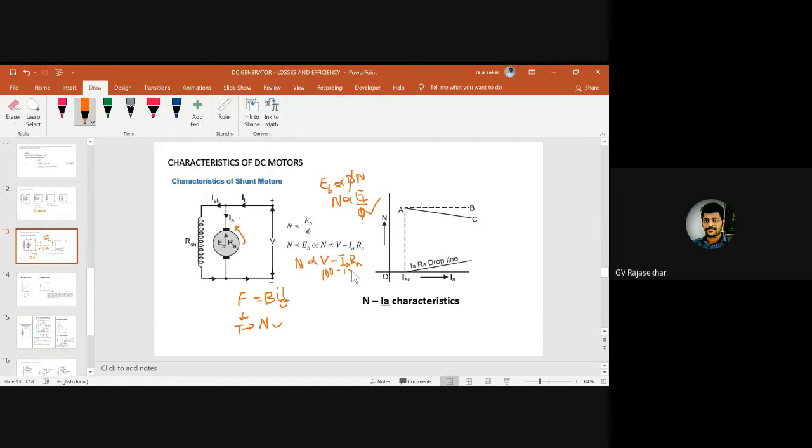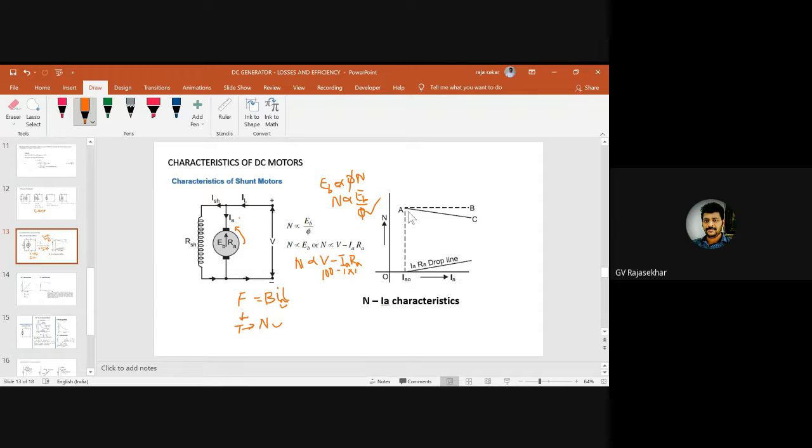Now what will happen when IA is increased from 0 to 1? N is proportional to 99. If IA is 2, then 98. When IA is 3, 97. When IA is 4, 96. That means speed is reducing. When IA is increasing, speed is reducing.